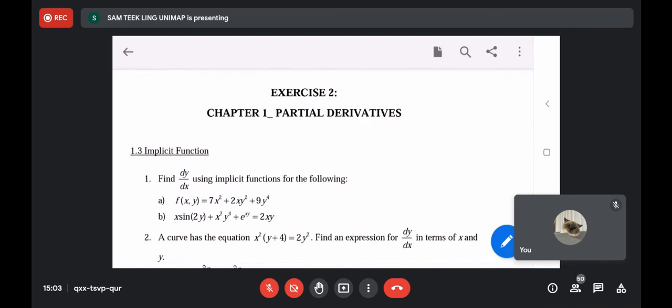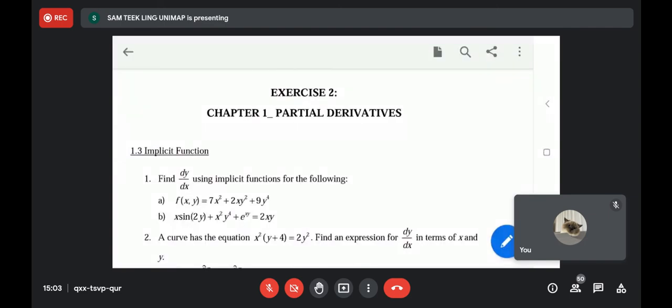You submit by Thursday or Friday, then I will upload the answer on Saturday or Sunday night, so you can check yourself. The first exercise, introduction and change of variable, I uploaded in the Google Classroom already. Make sure you check the last week's exercise answer.